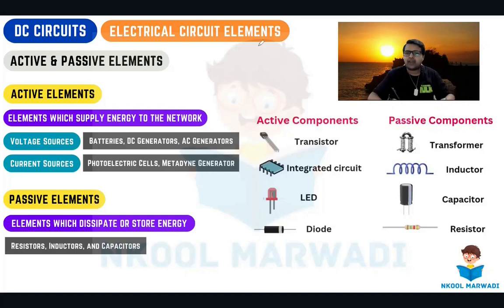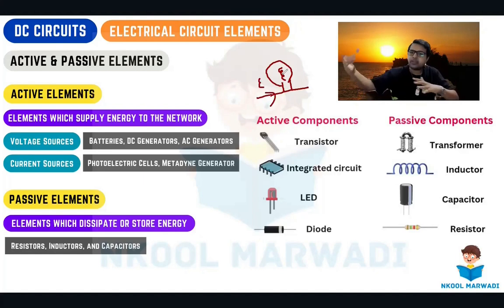For example, if I introduce a bulb in a circuit, the bulb will be a passive component, because it is converting electrical energy into light energy, but it is also dissipating lots of energy in the form of heat, because you see a bulb gets heated up.